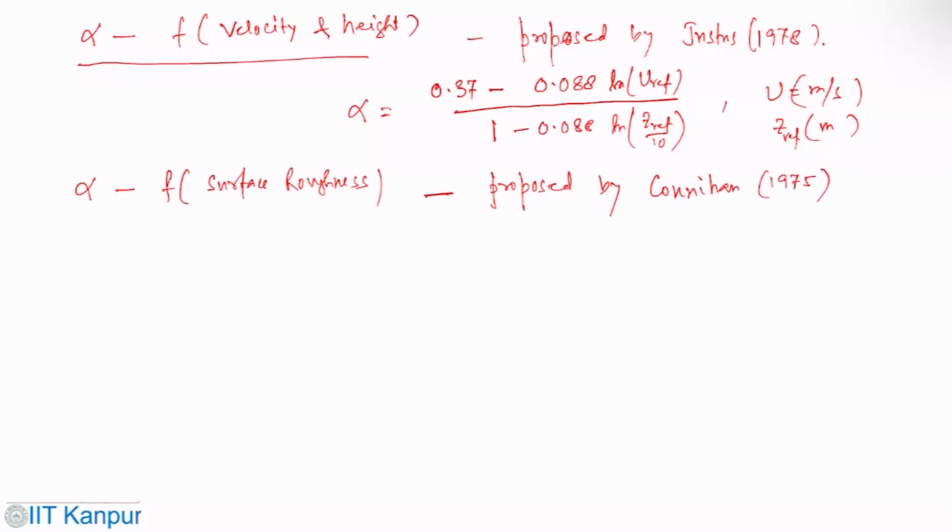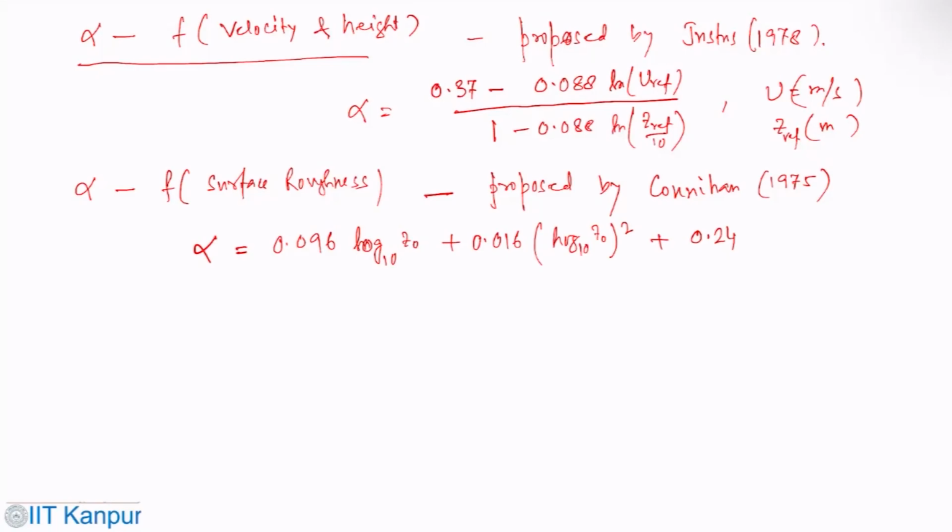Here alpha is 0.096 log base 10 Z naught plus 0.016 (log 10 Z0) square plus 0.24.